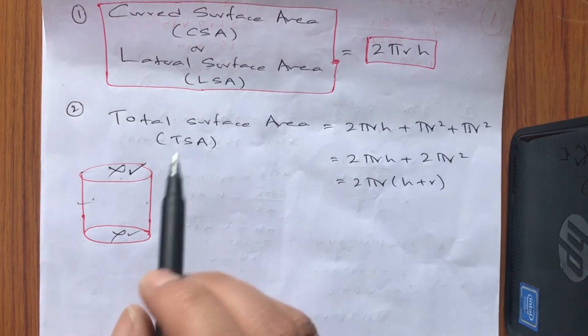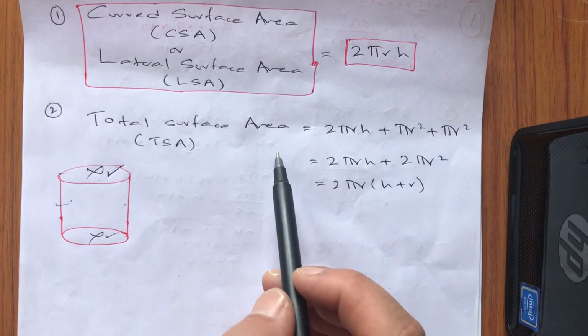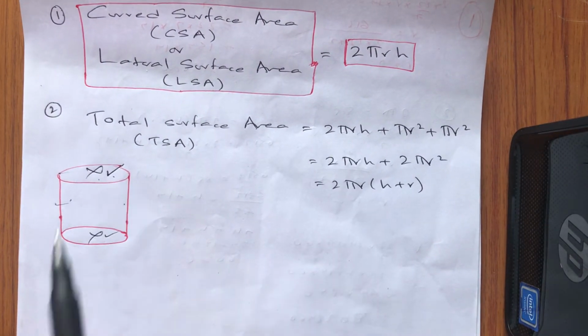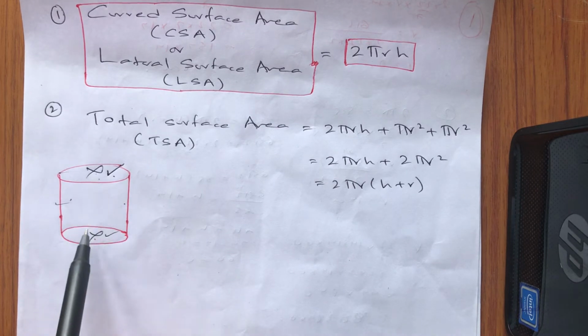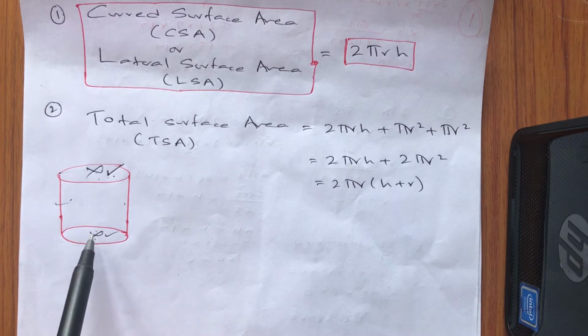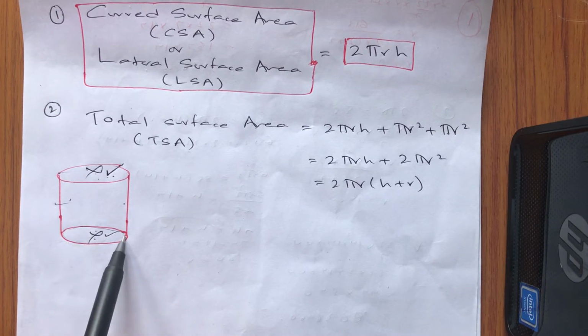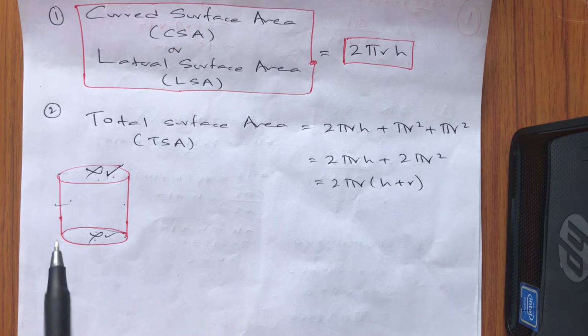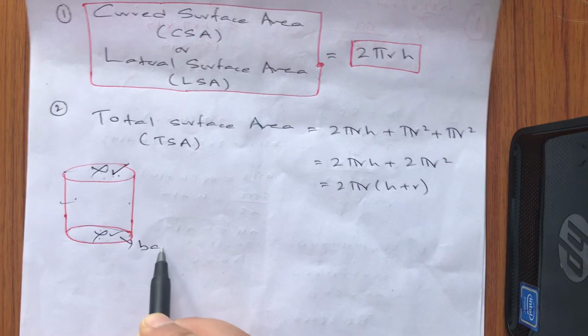And the formula for your total surface area is this one. So what are we doing? Everyone knows, as we talked about in the previous tutorials, that the top and the bottom are circular, and the size of the bottom one and the upper one is exactly the same. We usually call it the base.